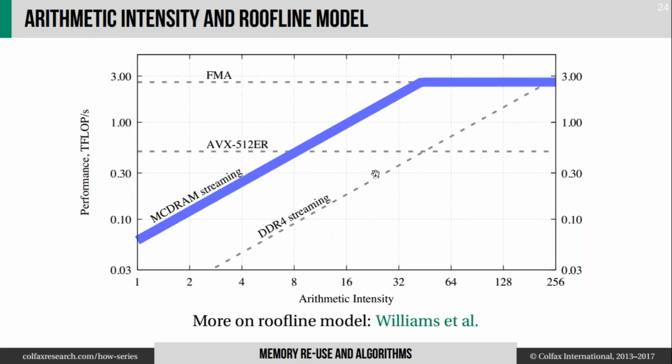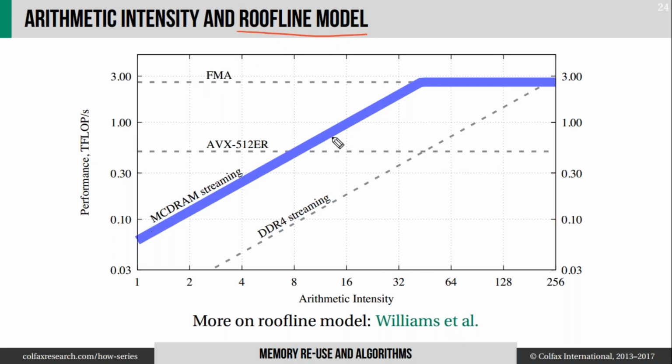There is a convenient tool to visualize the relationship between how much data cores want and how much data memory can deliver. I'm talking about the roofline model. The roofline model is an analytical tool for predicting what you can do to optimize your performance from the memory access point of view.